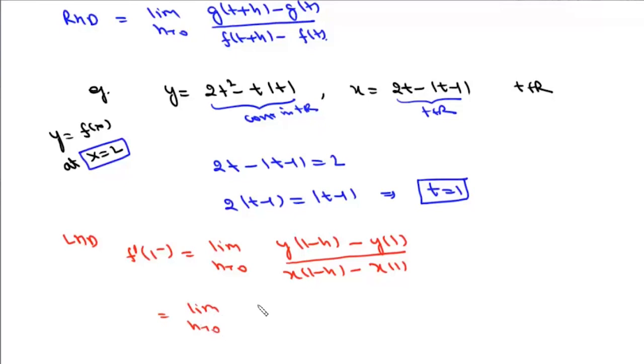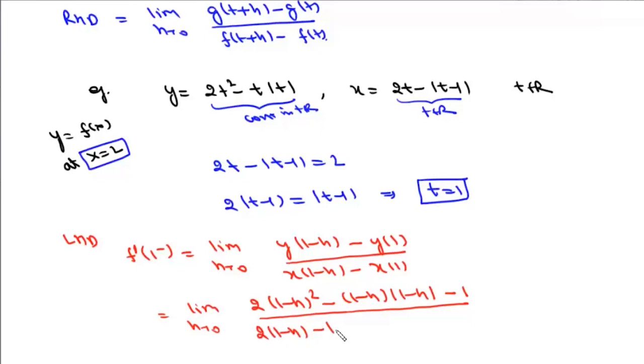Now y is this value, so it will be 2(1 minus h) whole square minus (1 minus h) into mod of (1 minus h) minus y(1), and when t is 1, value of y is 1, so it will be this minus 1 upon, now x(1 minus h) will be 2(1 minus h) minus mod of (1 minus h) minus 1 and then minus x(1), and when t is 1, value of x is 2, so it will be this value 2.